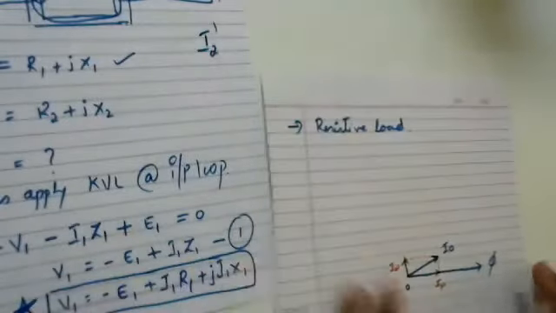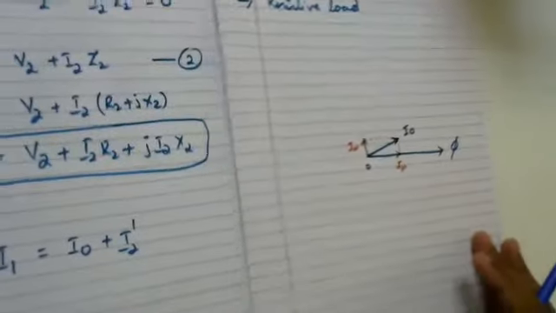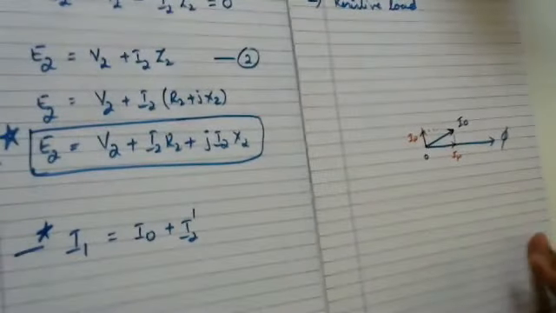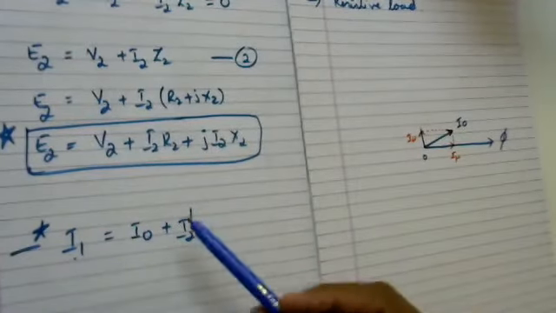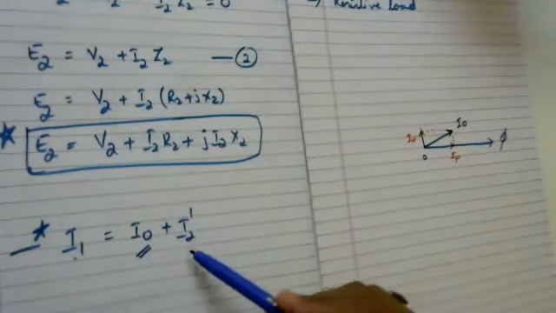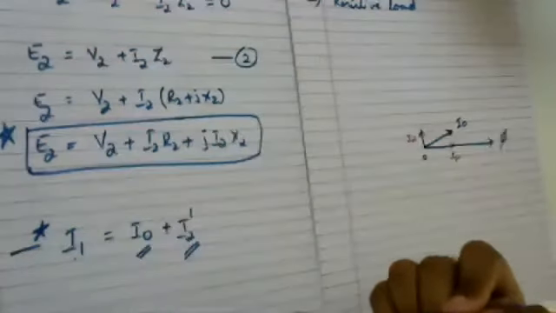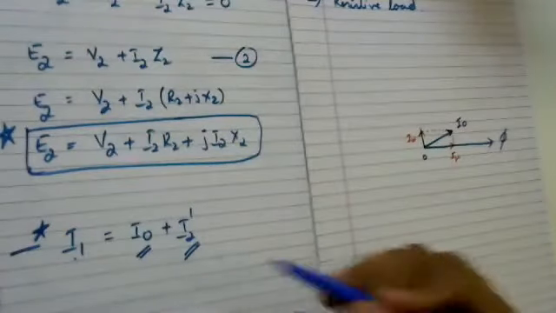According to the phasor equation, you can get this current I1 provided you have the information of your no load current and I2 dash, that is the secondary equivalent current.